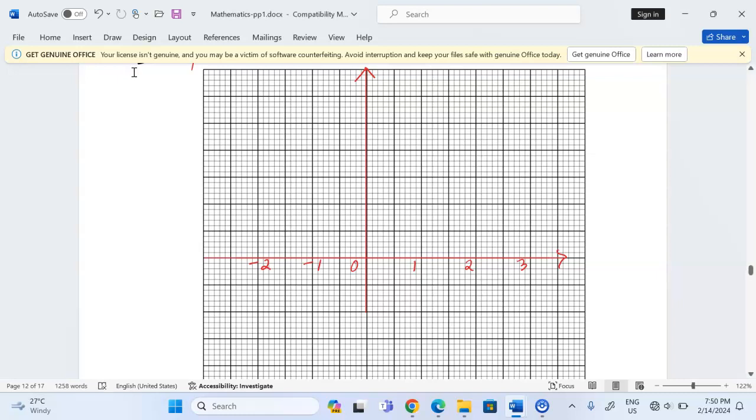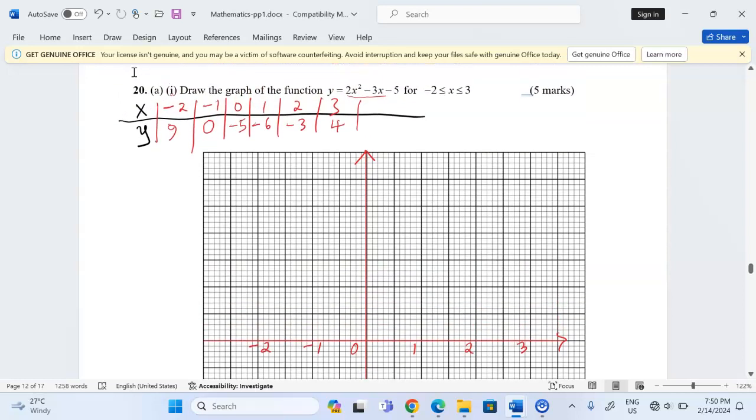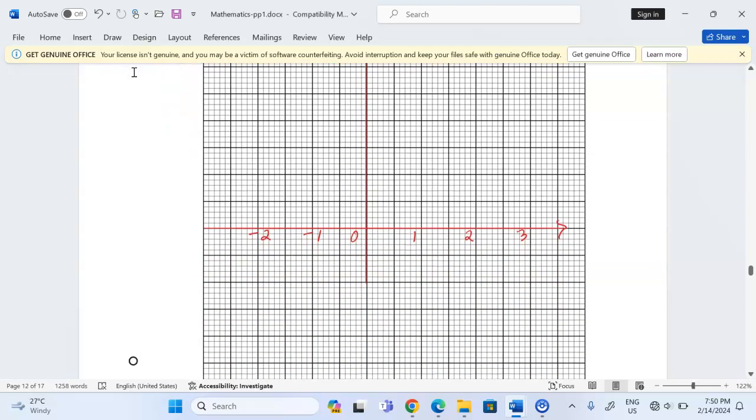Now for the vertical axis, because I need a minimum of 9 units on the vertical axis, I can use intervals of 2, 4, 6, 8, 10, then -2, -4, -6, and such.